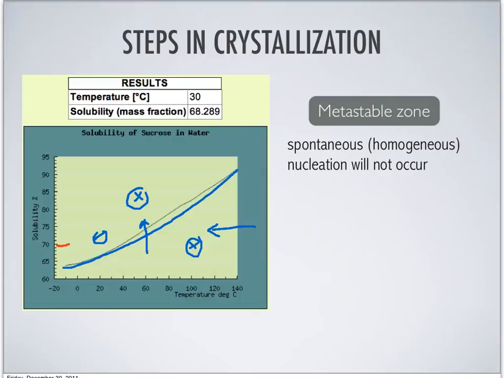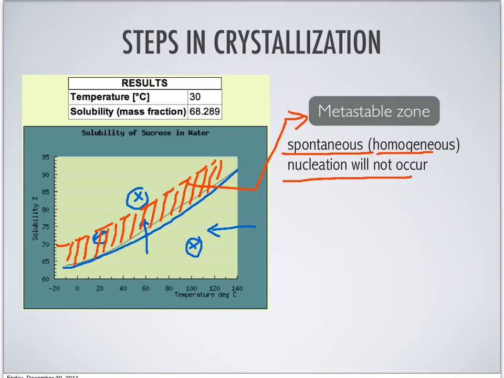Let me draw a line, and this line is not necessarily here, it can be anywhere. There is a zone between the solubility curve here and the dashed line, and this zone is known as the metastable zone. Anywhere in this metastable zone, spontaneous or homogeneous nucleation will not occur.